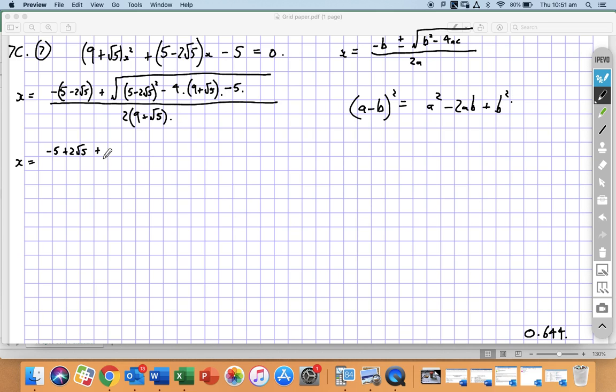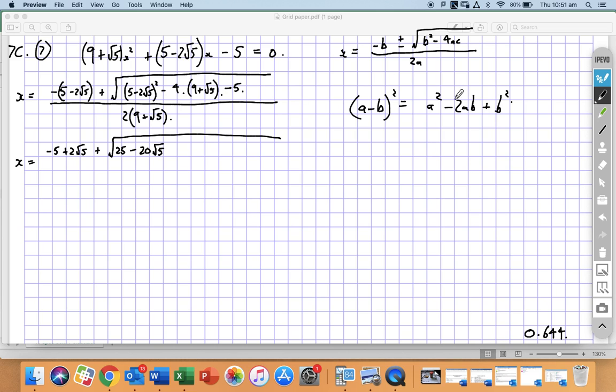We'll have the square root of 25 minus 2ab. Well, ab would be 5 times 2 root 5, so that'll be 10 root 5, and we've got 2 of them, so we'll have minus 20 root 5.